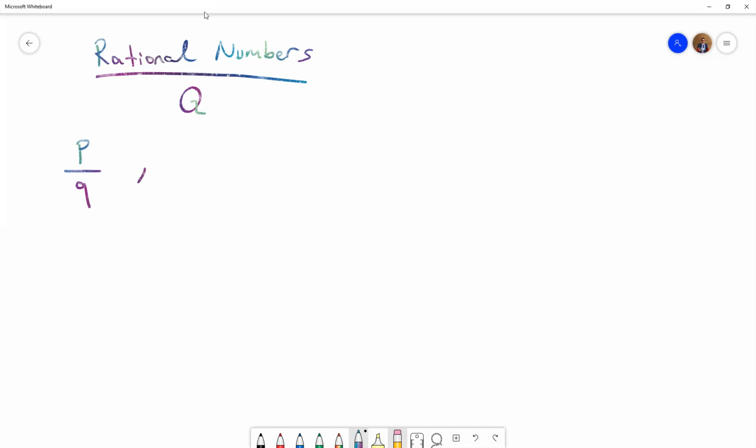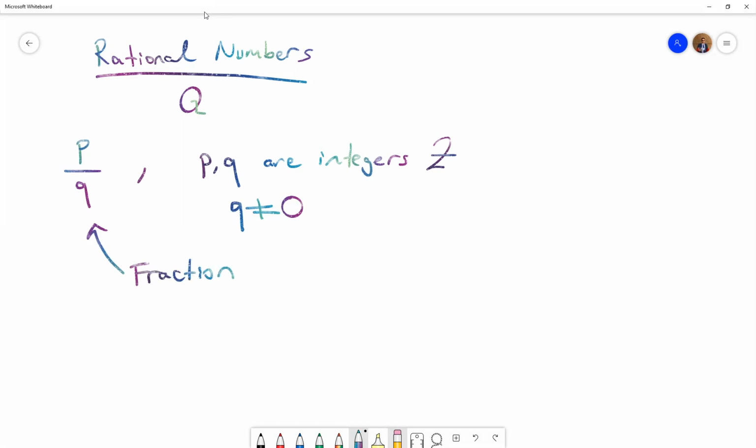The set is like that: p over q such that p and q are integers, I mean in Z, and q is different from 0. This writing can be called a fraction or ratio. This is the definition part for rational numbers.